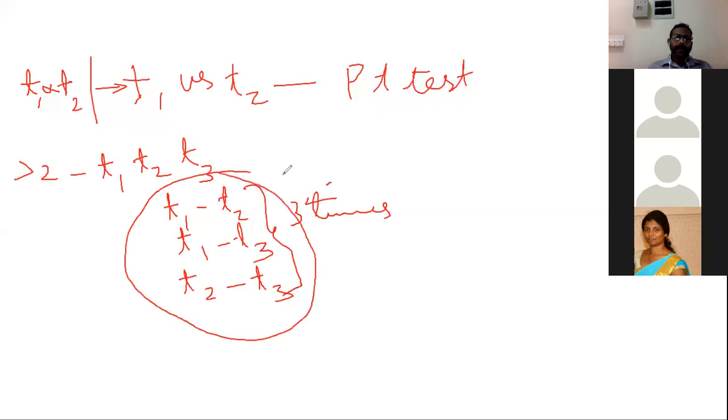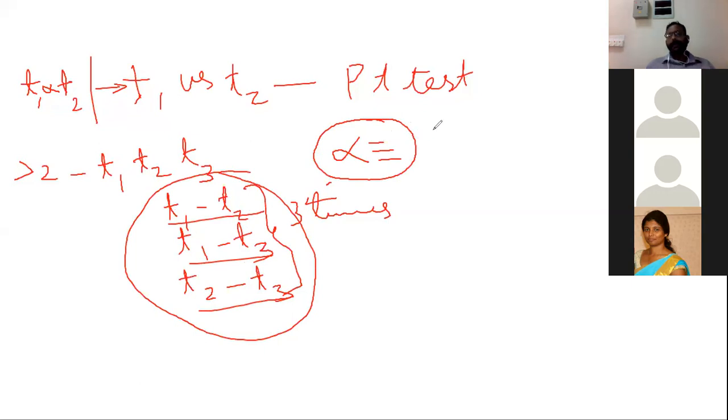Later we will talk about the problems that arise when you do the t-test 3 times. Can you remember the error? In your first course we talked about the alpha error. Another name for the alpha error? Anyone?